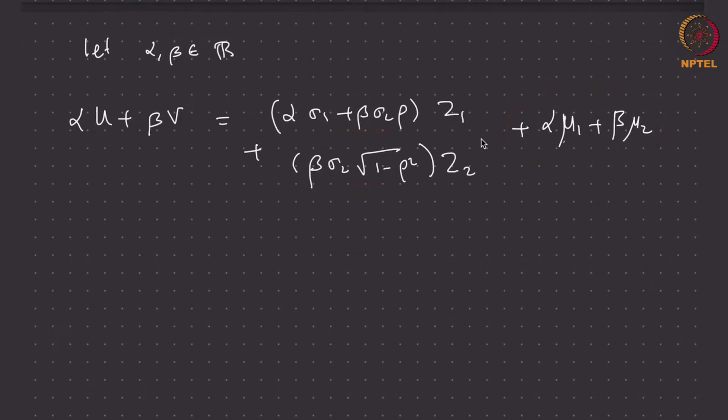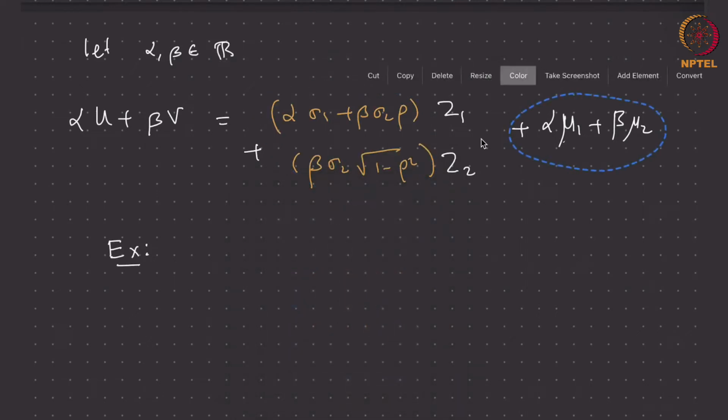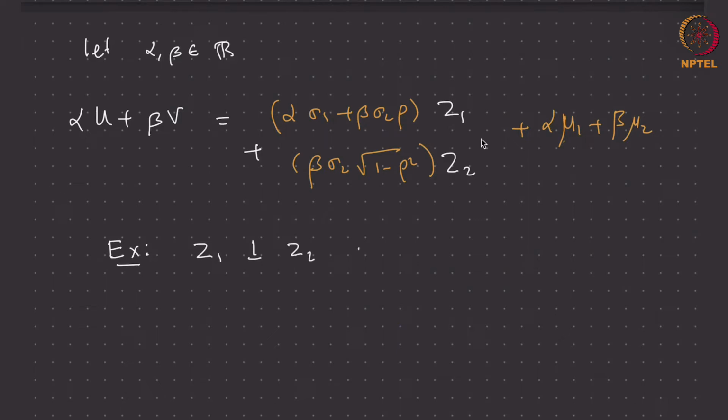So it's an easy exercise to verify from our previous work that this is a linear combination of Z1 and Z2 plus a constant, where Z1 is independent of Z2 and the Zi are normal 0, 1 random variables.